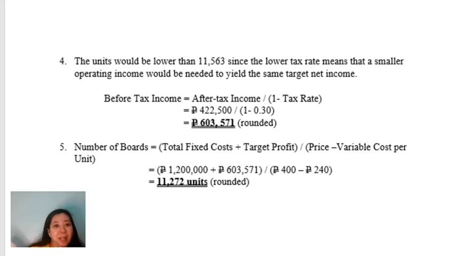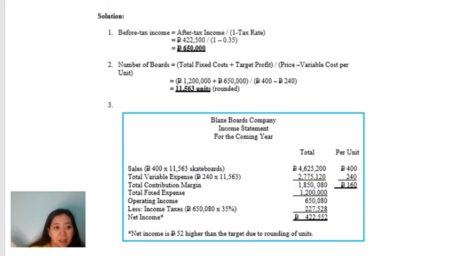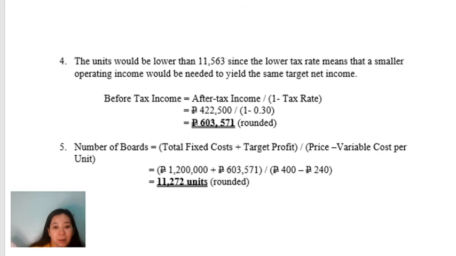So the before tax income, using again our formula, is 603,571, compared to 650,000 in the previous requirement.